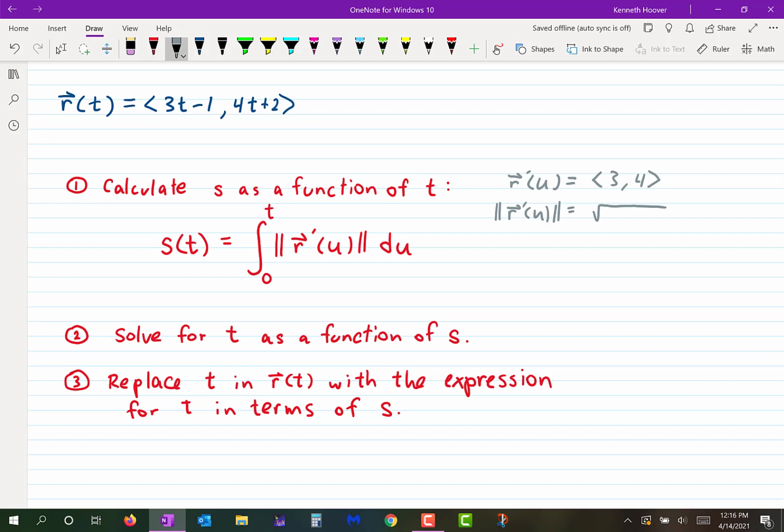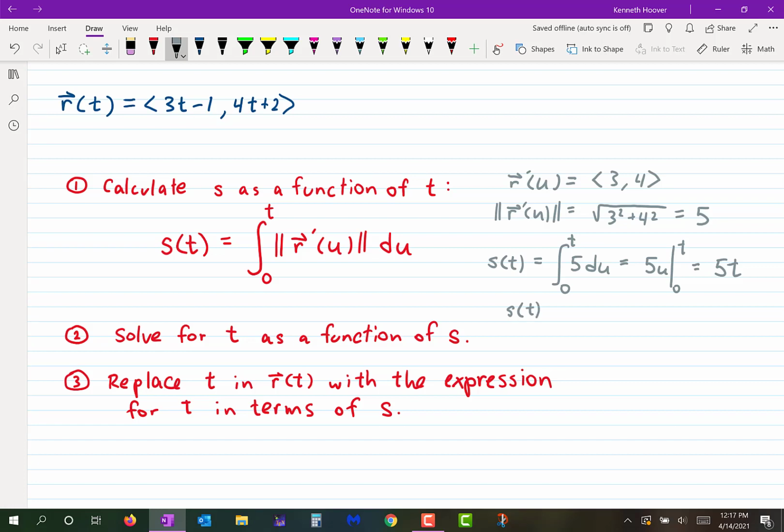It's the square root of 3 squared plus 4 squared, which equals 5. So we write s of t equals the integral of 5 du from 0 to t. So that equals 5u from 0 to t, which equals 5t. So s equals 5t. Okay, that's important.